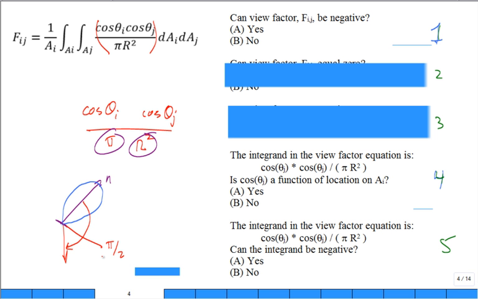Can you ever send photons back into yourself? That doesn't make sense. It's emitting going out from the surface. True? So isn't this always going to be positive? And isn't this always going to be positive? And so it's always going to be positive. It can never be negative. So can the integrand be negative? No.